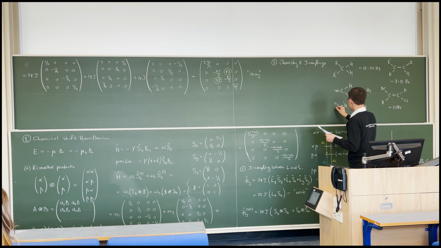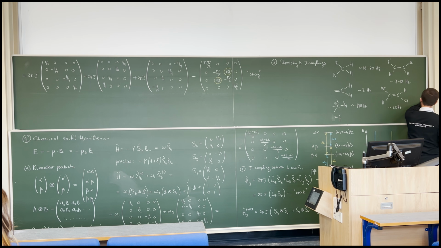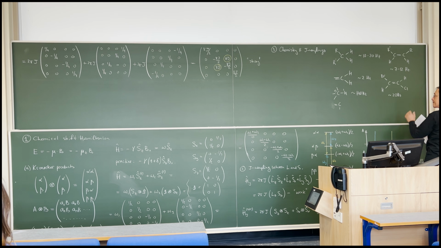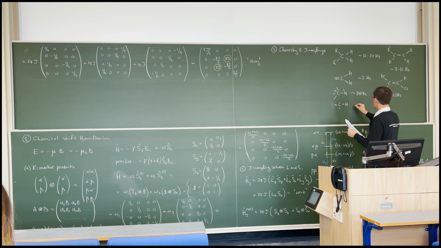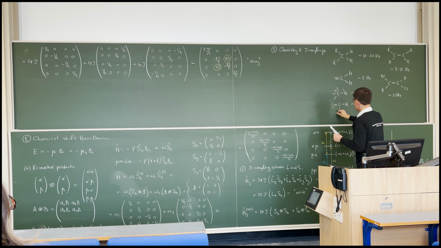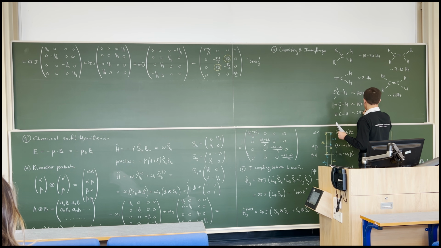So let's say that is a carbon that does that. A carbon that's double bonded to something like that, that's 150. And then the triple bond carbon in acetylene, that's nearly 250 hertz.